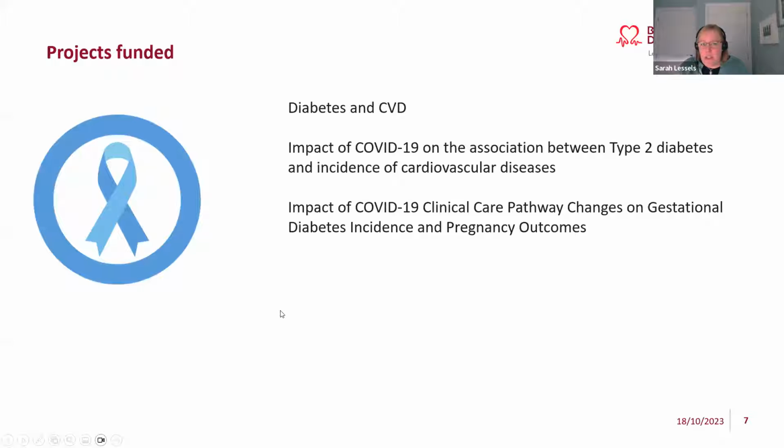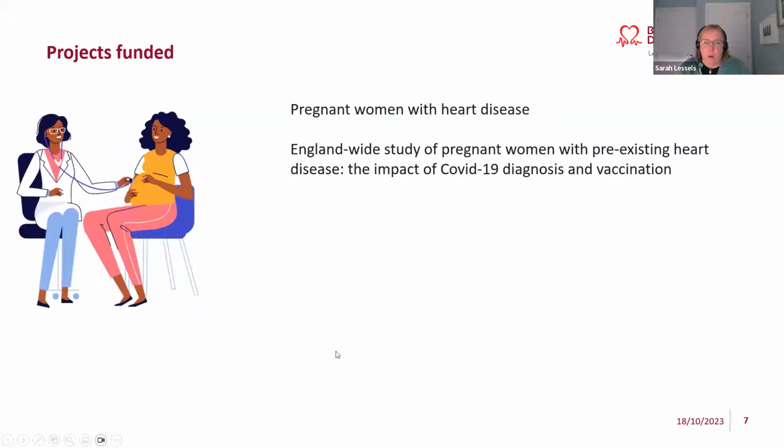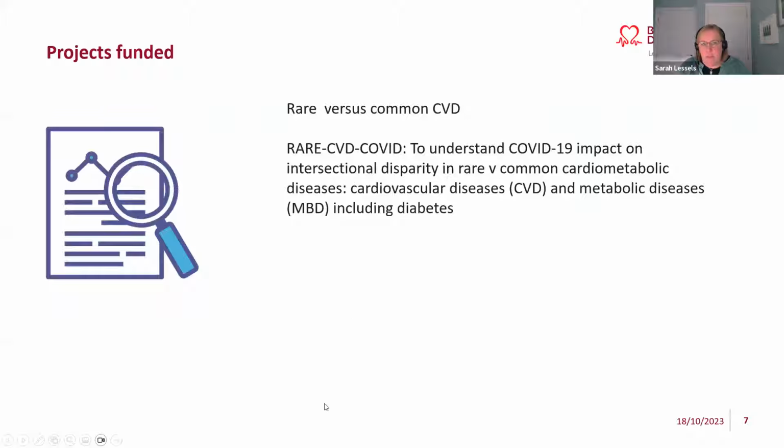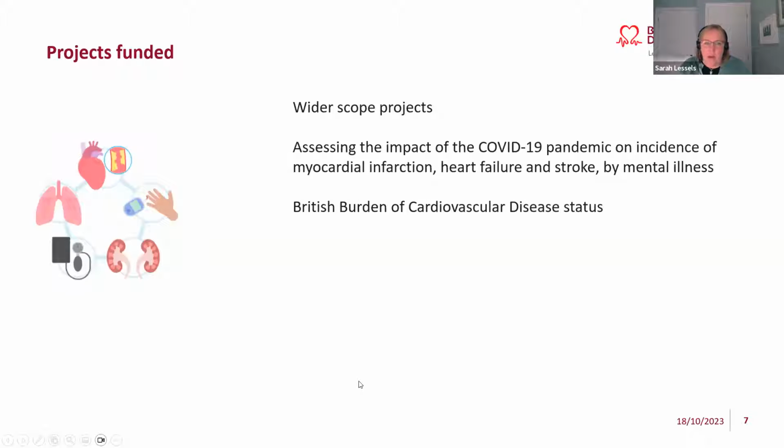As I mentioned, we have the diabetes and cardiovascular disease projects. We have 1 project looking at pregnant women with heart disease. We have rare disease versus common cardiovascular disease. And then we have 2 wider scope projects as well, one of which is the British burden of cardiovascular disease.